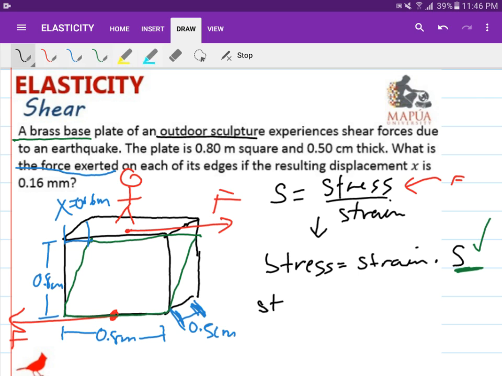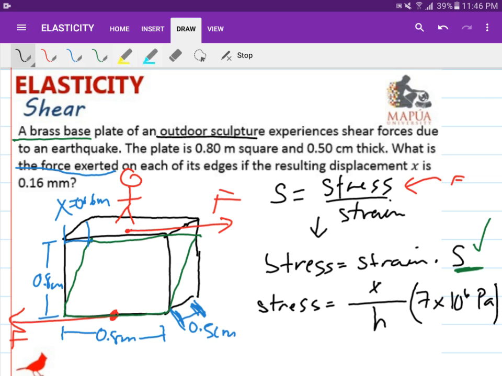So we can compute for stress to be, now strain is x over h, and S, if you look up on a table, you will see that this is 7 times 10 to the 6 pascals. Now what is x?